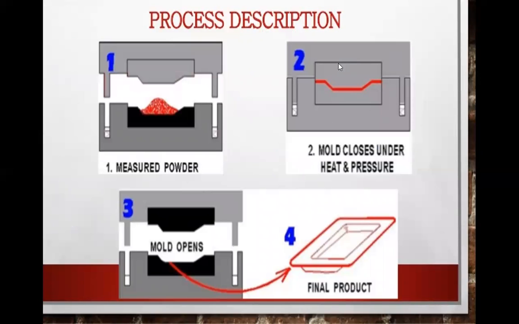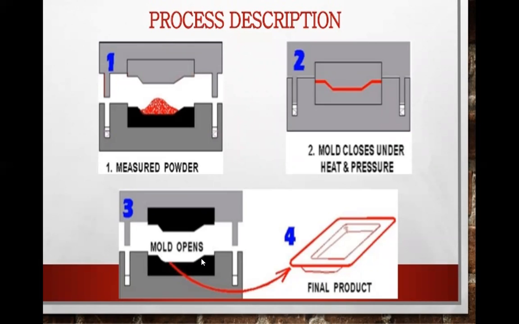And by pressing this upper mold and lower mold, and by applying the temperature and pressure, this powdered plastic gets melted and becomes liquid plastic material. And it takes the shape of the lower mold cavity.